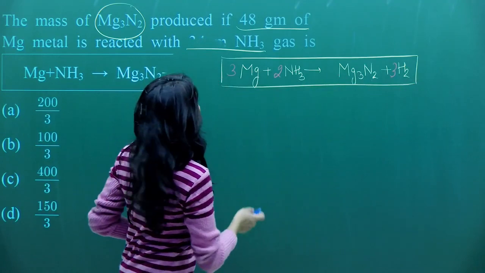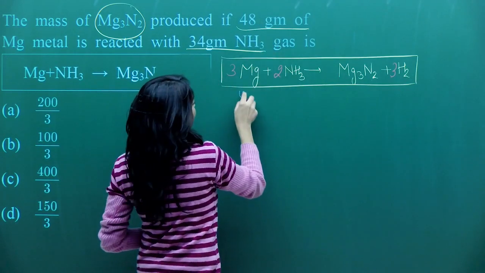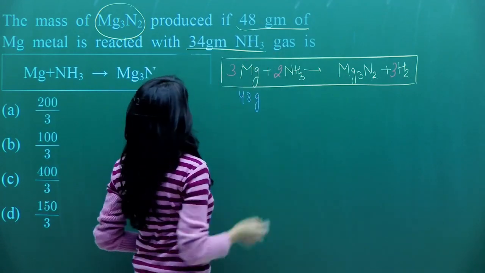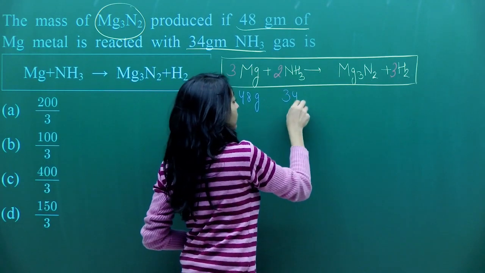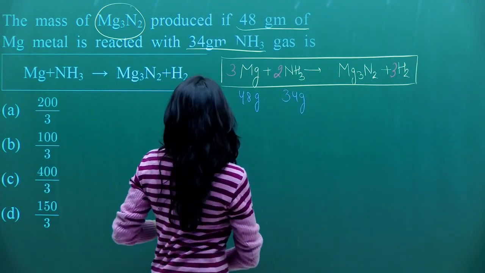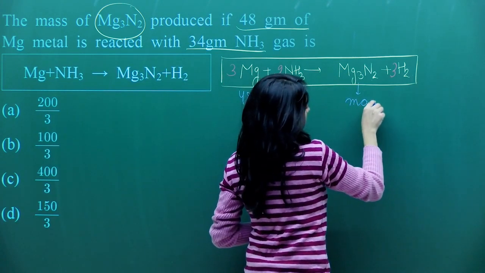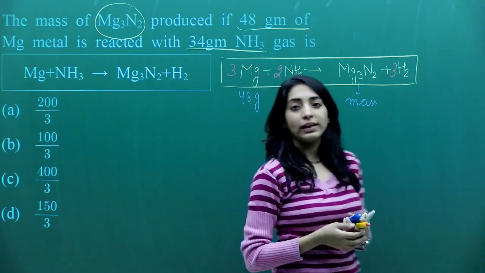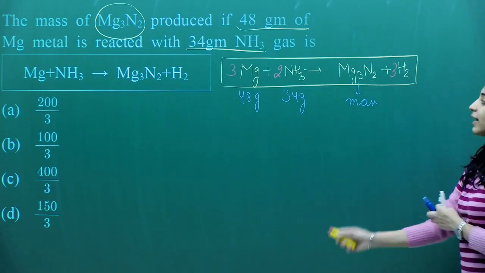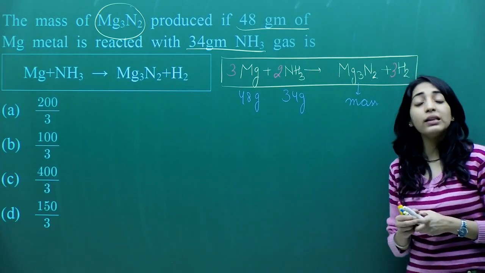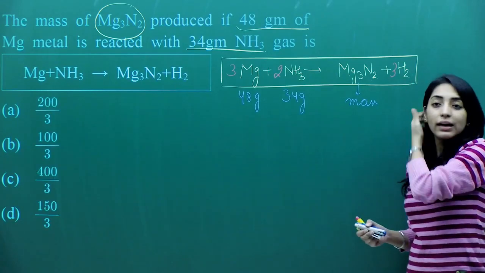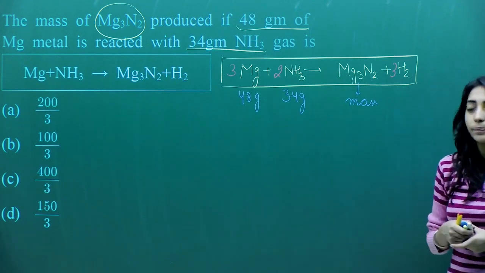Okay? How much mass is given? 48 grams of magnesium and 34 grams of ammonia is given, and you need to produce the mass of Mg3N2, right? Guys, so first of all, in any such question, you should be predicting which is a limiting reagent, right?